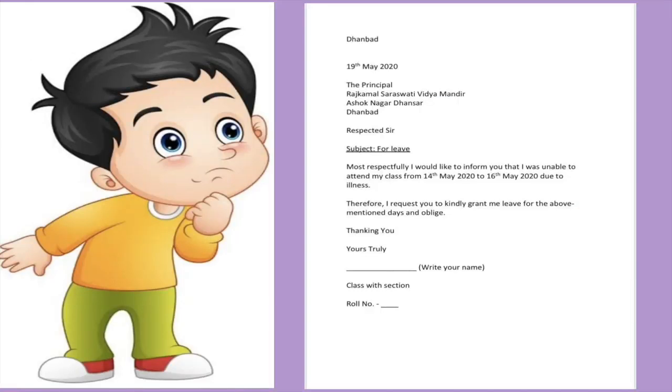So finally, your application will look like this. This is an application for leave. If you were unable to attend your class for 3 days, you may write the application like this.